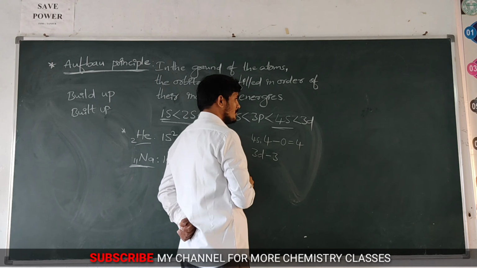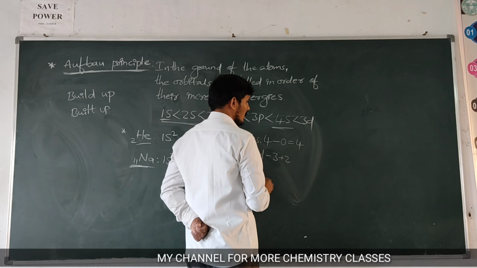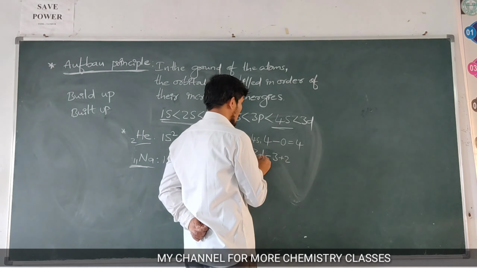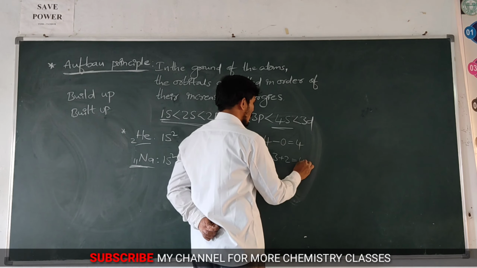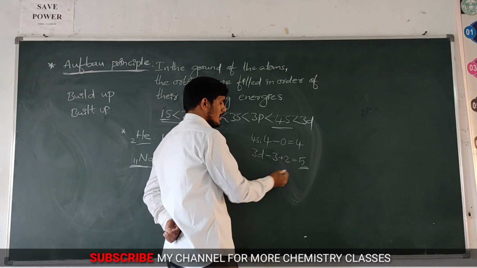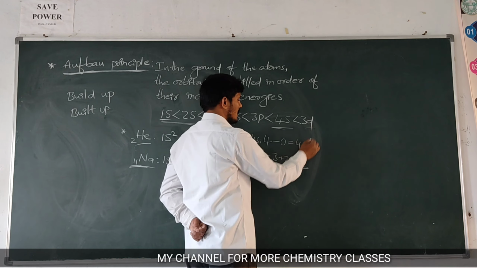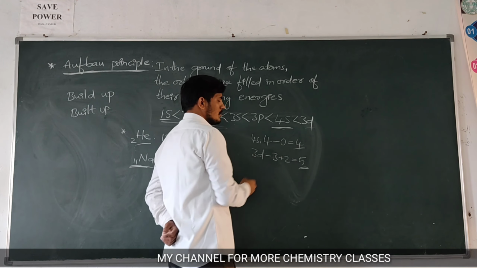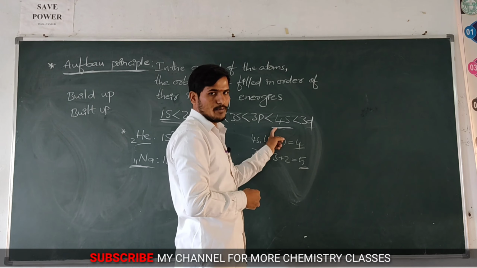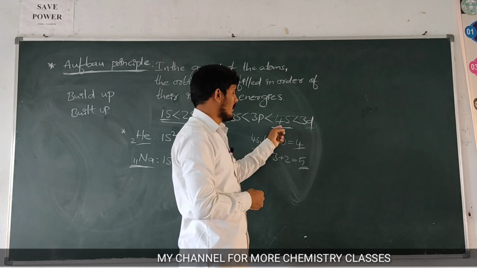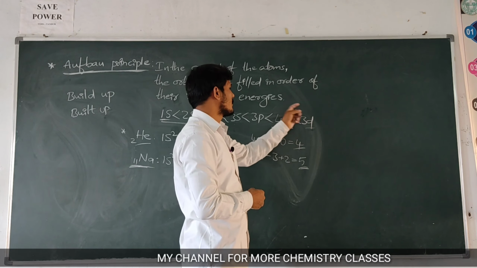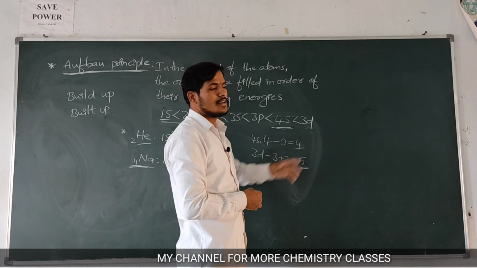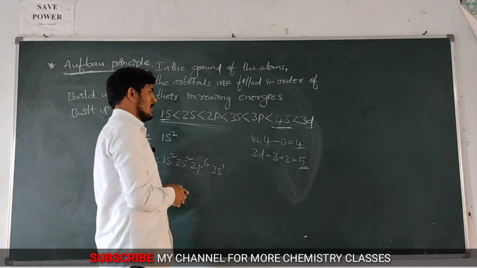What is the d value? According to the azimuthal quantum number, the d value is 2. So how much value will it get? 5. That means 3d has a value of 5, while 4s has only 4. So 4s has a lower value and less energy compared to 3d. So the electron enters 4s first. After that, 3d is filled.